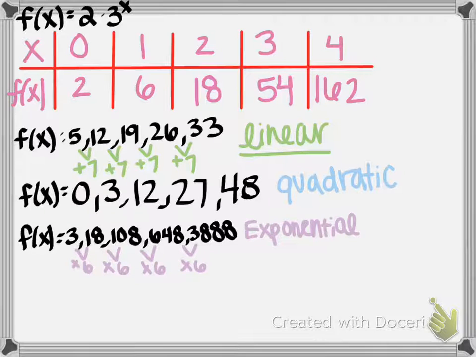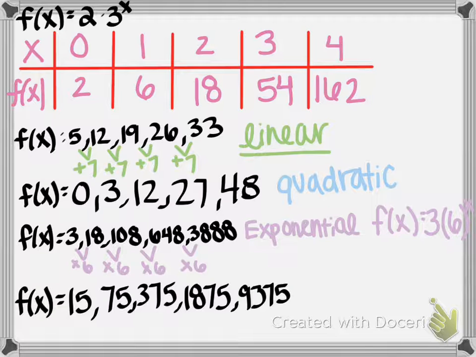To write a function rule, I know that my r is 6, or my base, and I start at 3. So when I write my rule, I write my starting place, which is 3 times my rate of change, 6 to the power of x.